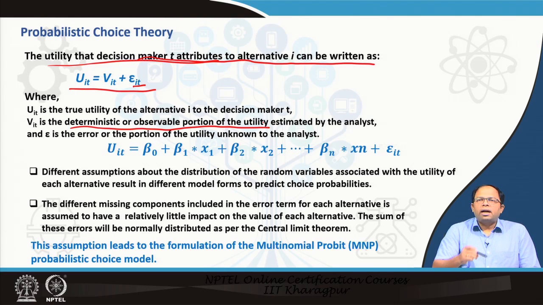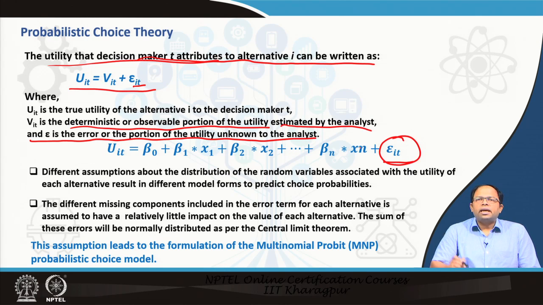That means this is the part the modeler knows, which could be estimated by the modeler or the analyst, and the error term is the portion of the utility unknown to the analyst. So, we include that component also as an error term in my utility equation.